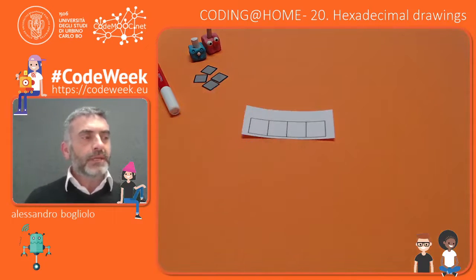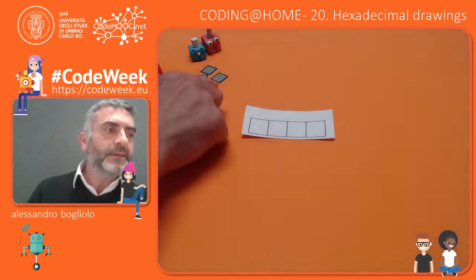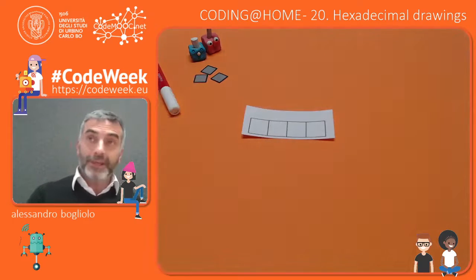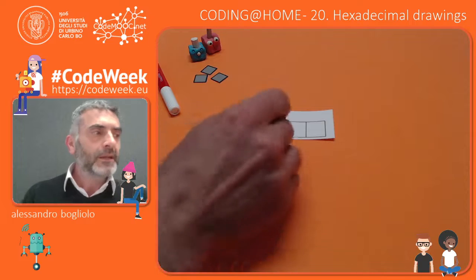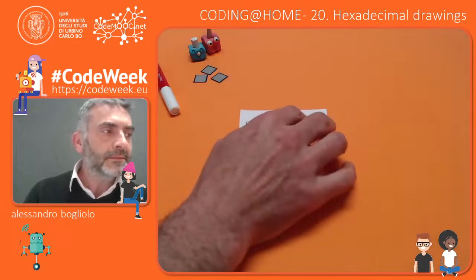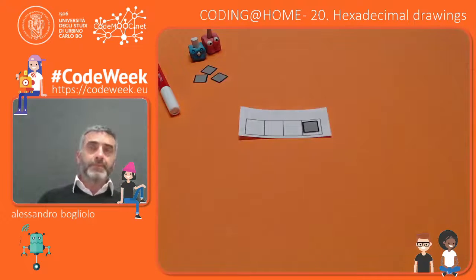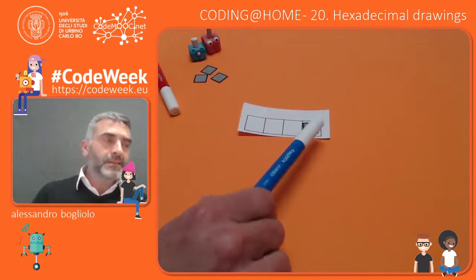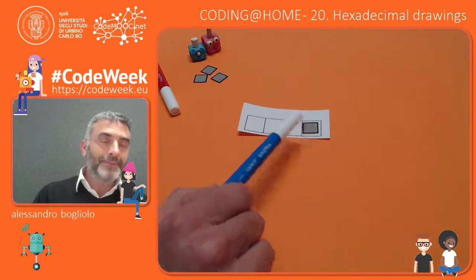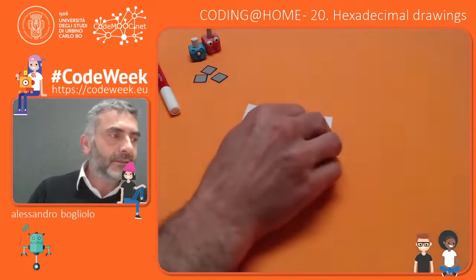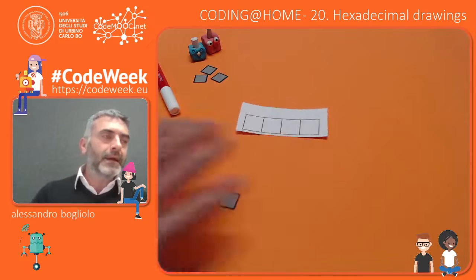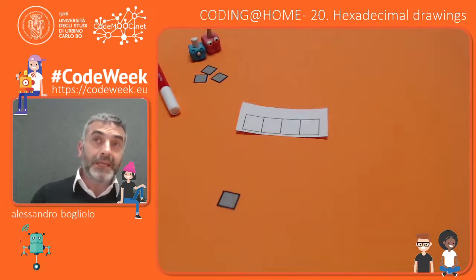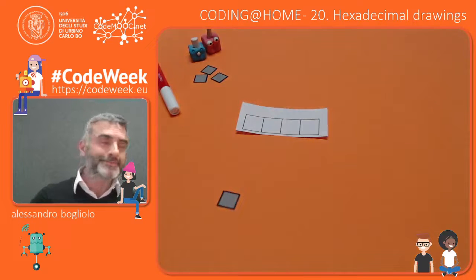What we can do is to color them, and instead of coloring them, in order to reuse the same 4 squares, I will put tiles on each of them. If I put a tile on a square, this means that this square is colored. If I don't put a tile, then I leave it empty, meaning that it is not colored.